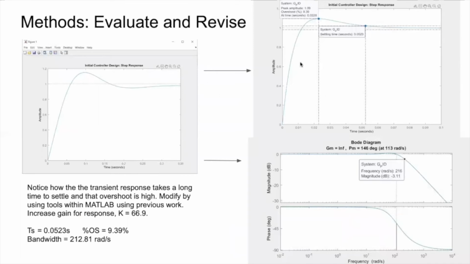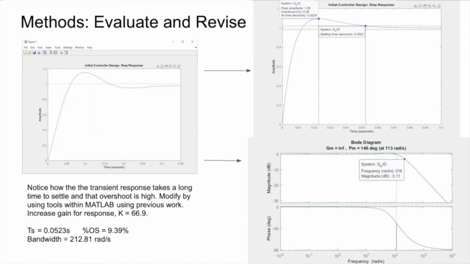After we do that, we evaluate these using MATLAB, so we're able to evaluate our step response. The initial diagram is shown on the left here. You can notice that the biggest issue with it is that the settling time is far too long. It takes a very long time to get the system to settle.